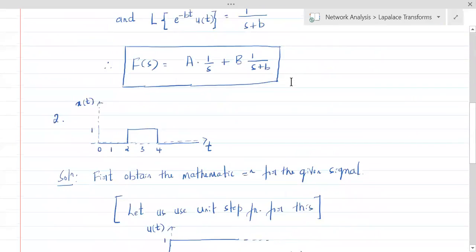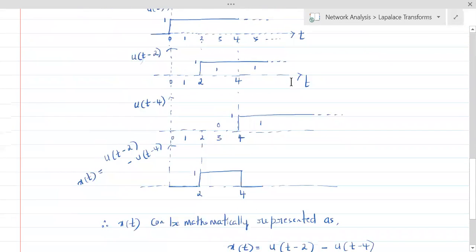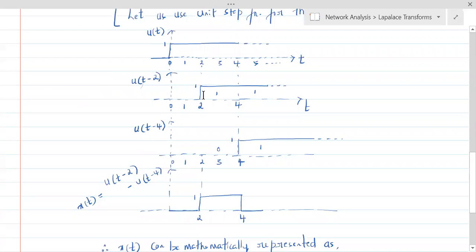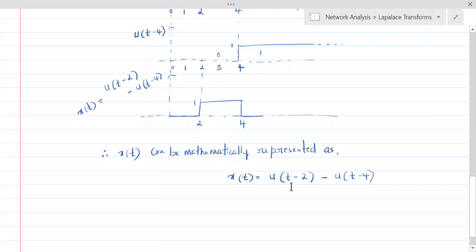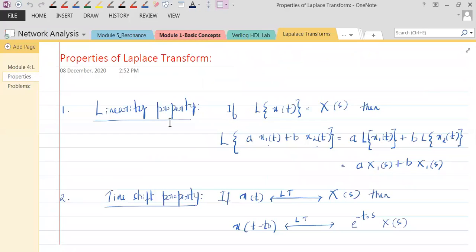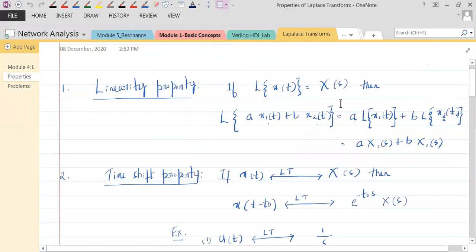So which property holds good here? T minus 2, t minus 4. That means it is being shifted in time. See, u of t is shifted in time by 2 units, and u of t by 4 units. So that's why we need to use the time shift property. Everybody is able to understand that? So how does the time shift property look like?